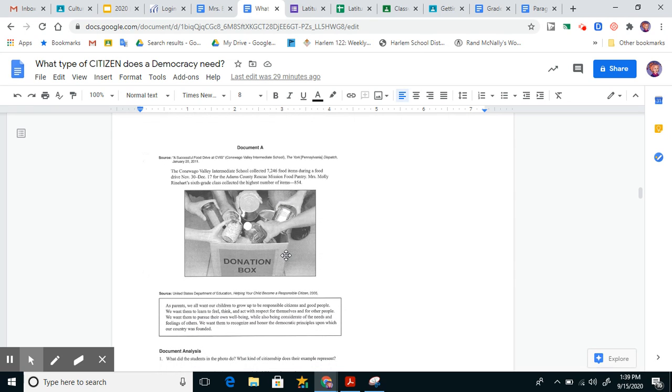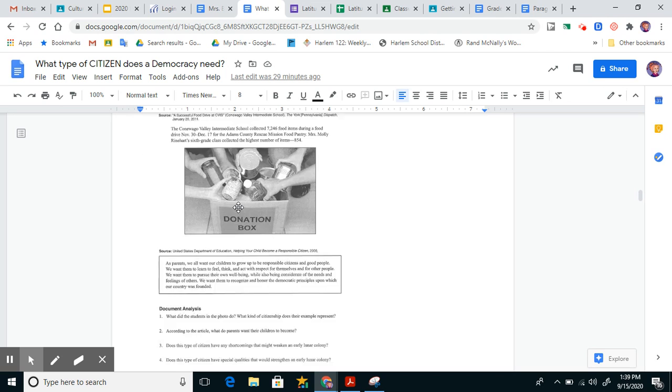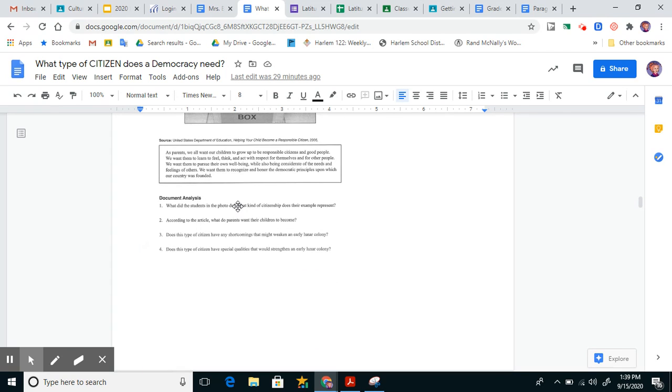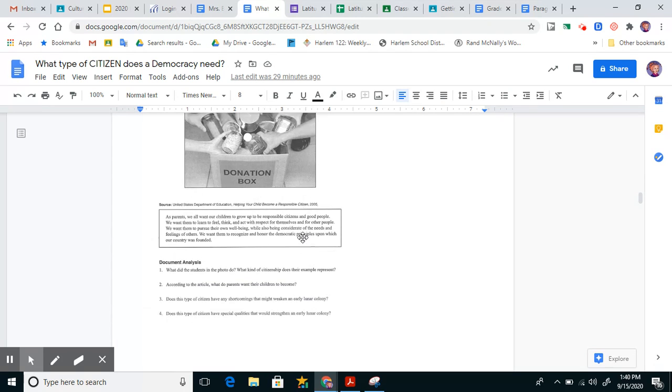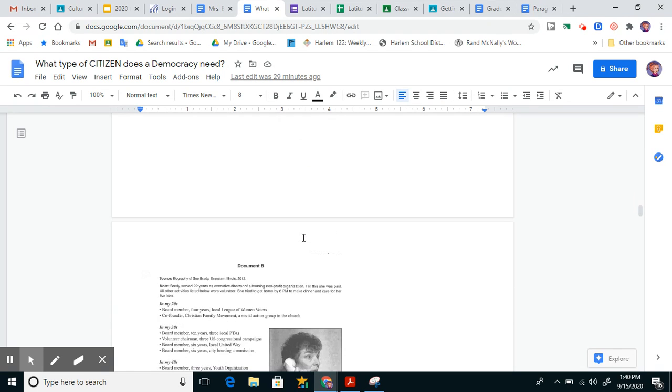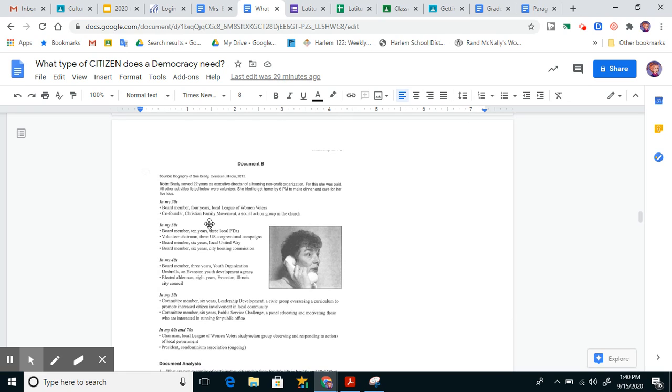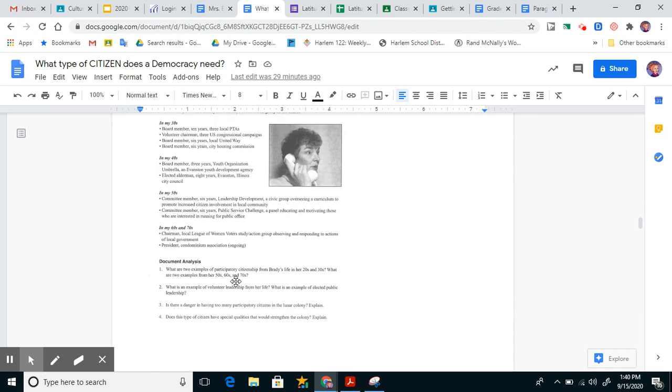The first document will be about intermediate students collecting food for a food drive and how the sheer numbers of people that get involved can help resolve a situation. Document B goes through sort of the evolution of somebody's participation through the years as they get older.